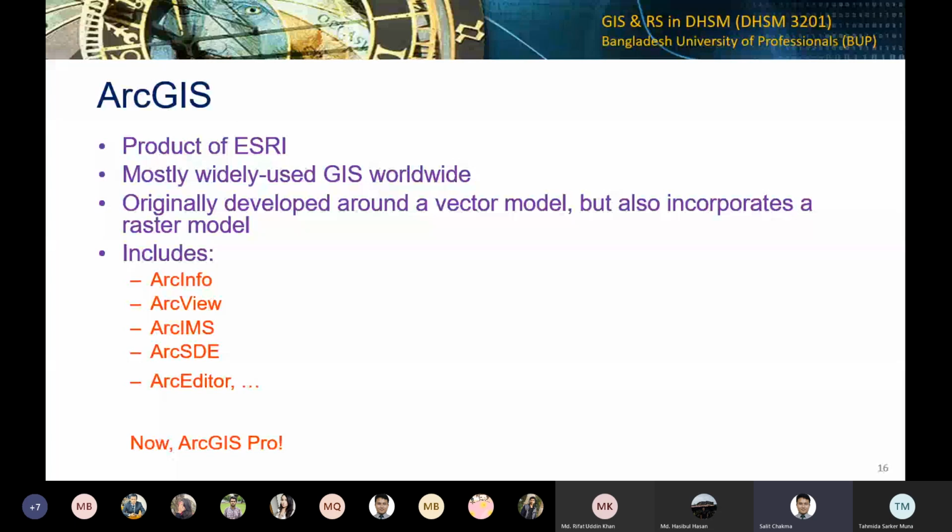And you will find that previously, even 5 years ago, Esri was producing only the software focusing on the ArcGIS desktop version, which we have with us. However, in the last few years, Esri has produced so many other different software as well, which are cloud-based. For example, ArcGIS Pro is to some degree cloud-based.